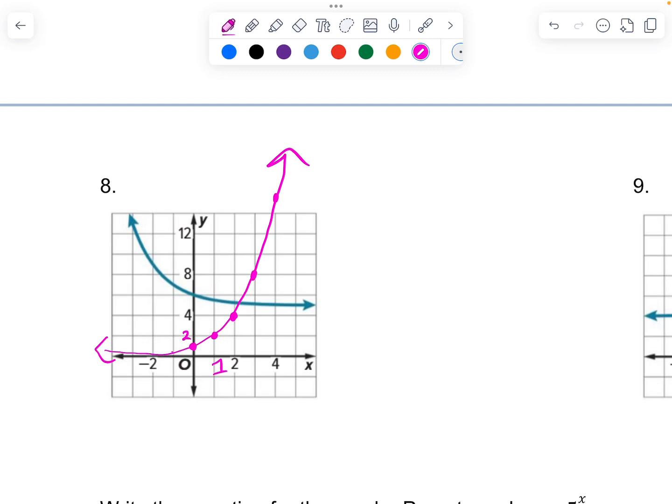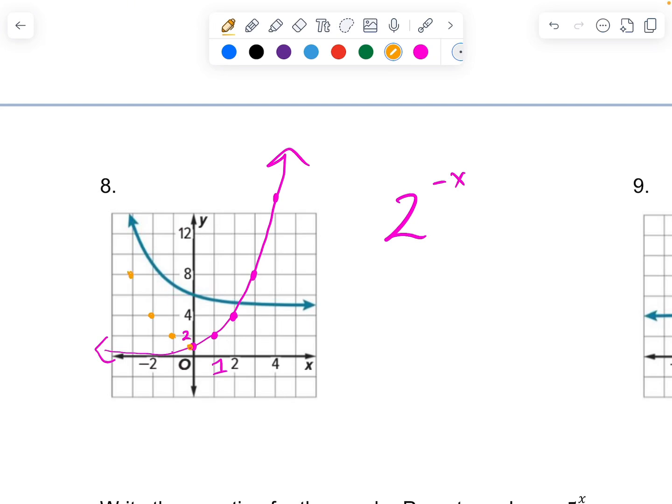Okay, so we know that it flipped across the, what is that called? A y-axis, so we know that that's happening. So it flipped. So now it's here, it's here, it's here, and it's here.